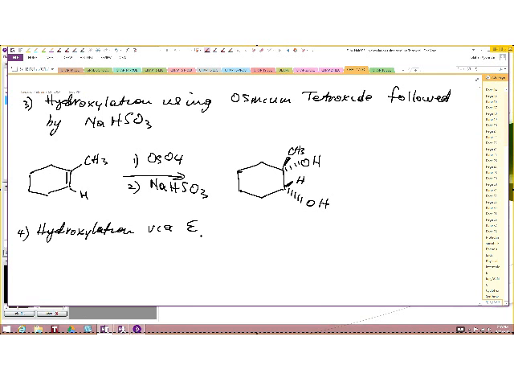Via epoxide formation, followed by epoxide opening with dilute acid.